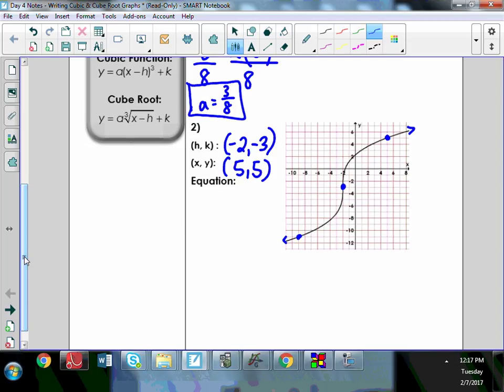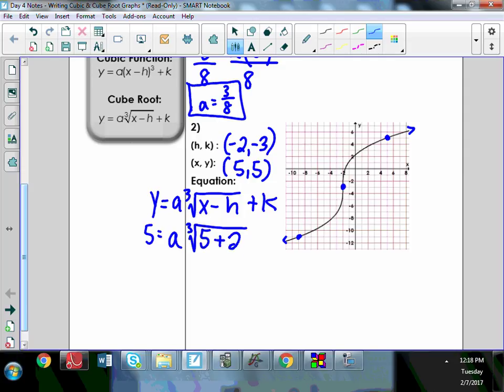So now we're going to substitute those values into the cube root parameter change function right here. There's my formula. So instead of y, I'm going to use 5. Equals unknown a cubed root of, what do I use for x? Good. And that h is -2, so -2 plus 2.